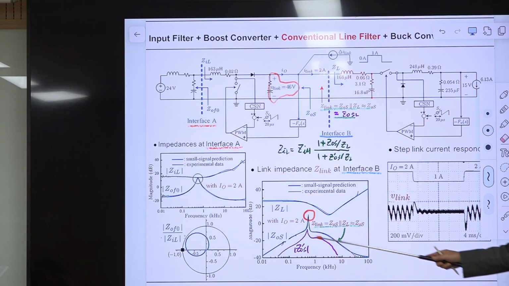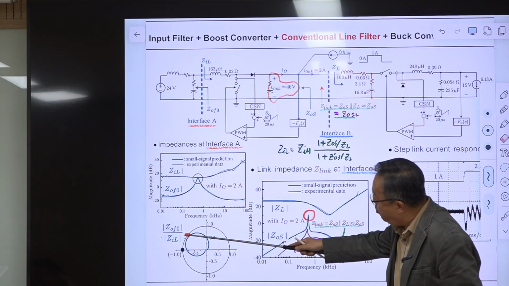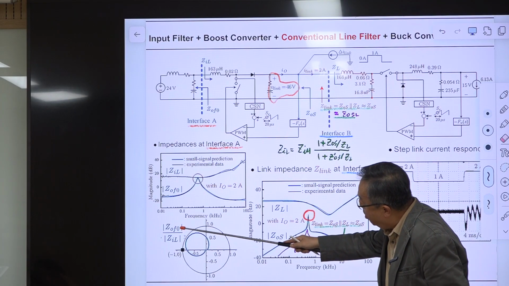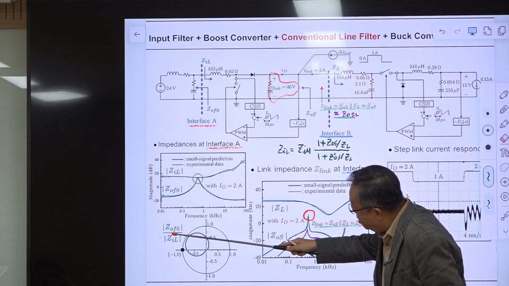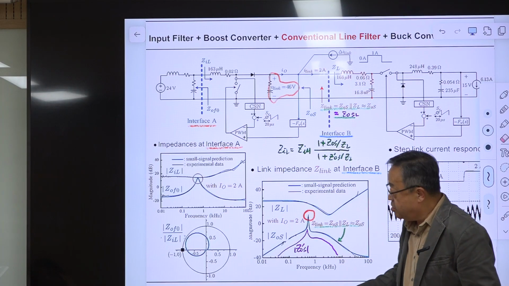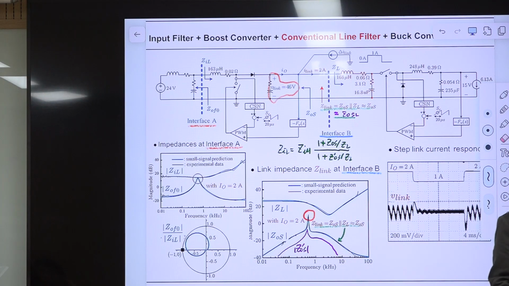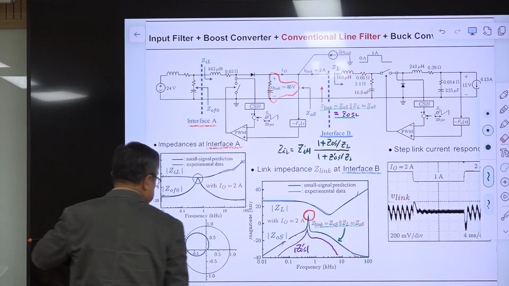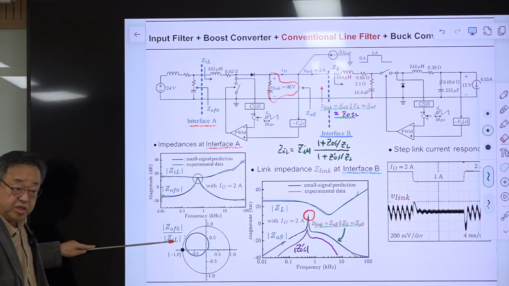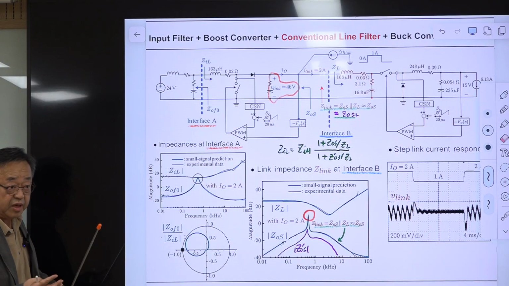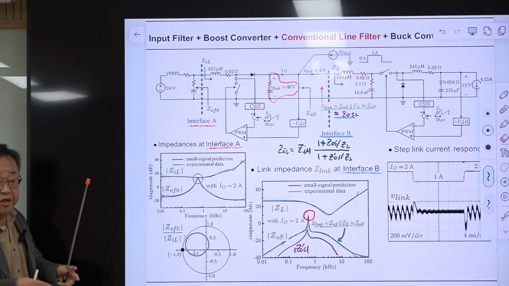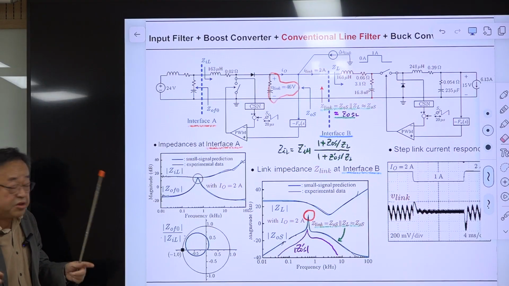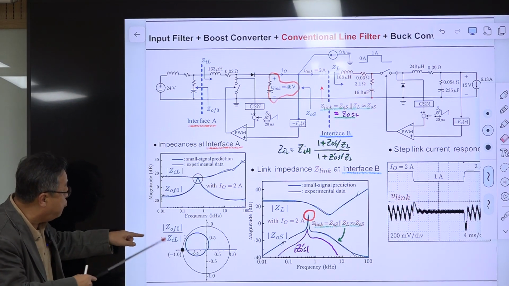And this is the comparison. This is the polar plot of the impedance ratio between this and this. This is the Nyquist plot, the polar plot of this quantity. This is the ratio of impedances. We can consider this as the loop gain. I'll explain that later in detail. There is no loop, but this has the form of a loop.